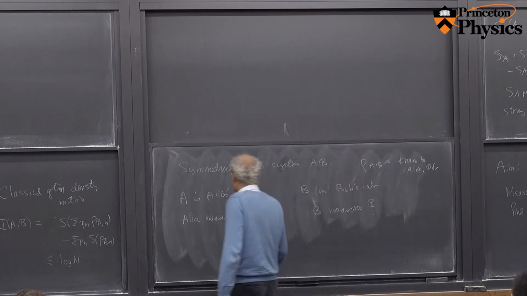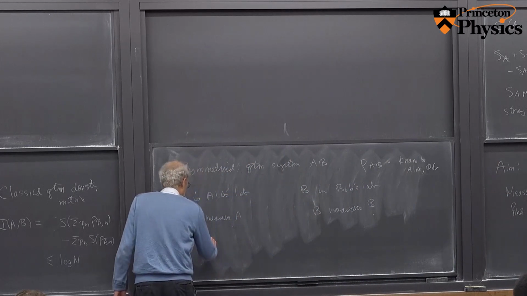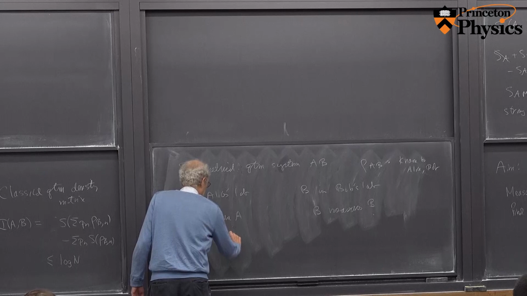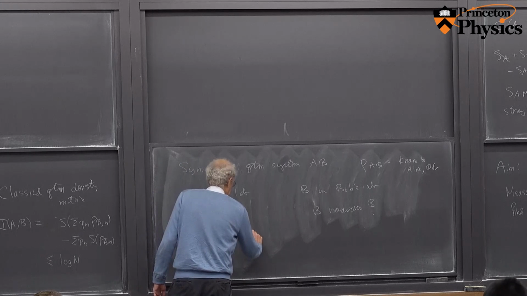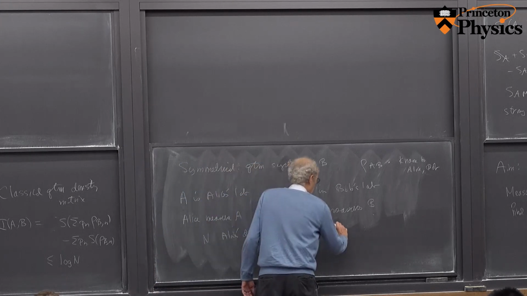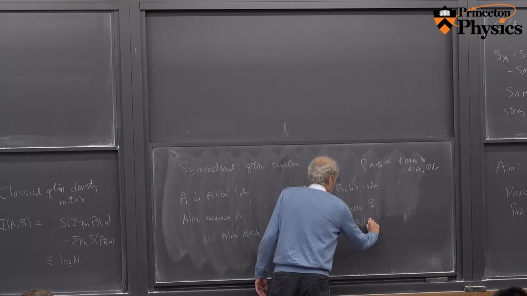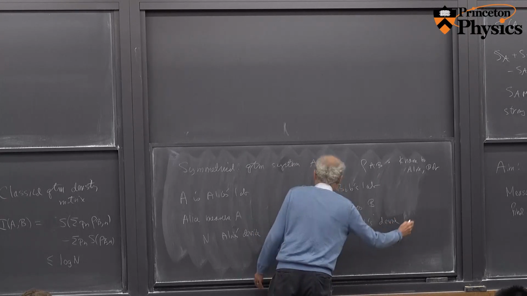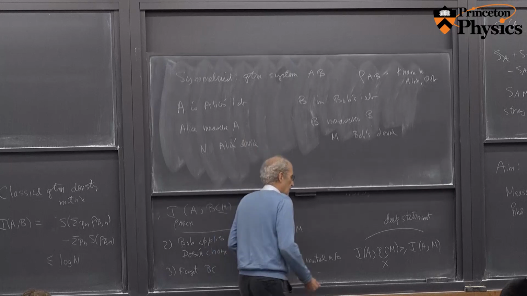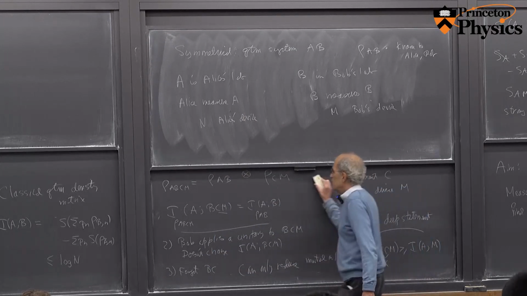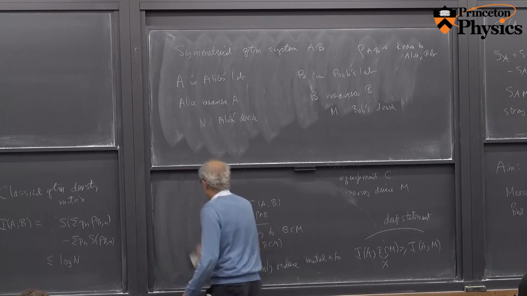Well, Alice and Bob will both have measuring devices. Let's call N Alice's measuring device, and M will be Bob's device. So measuring devices, as I've said, by definition, have diagonal density matrices.